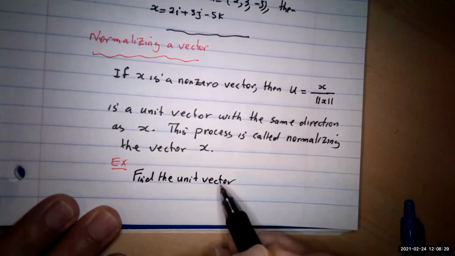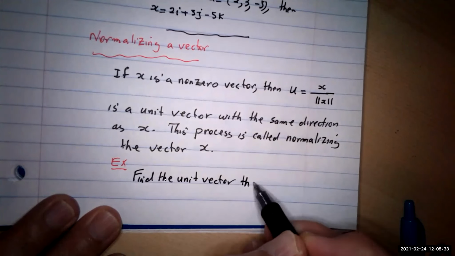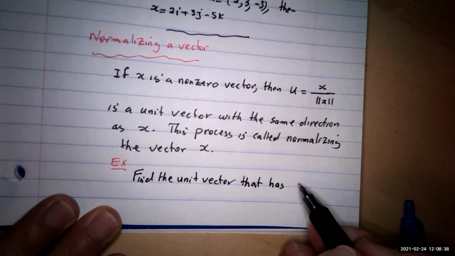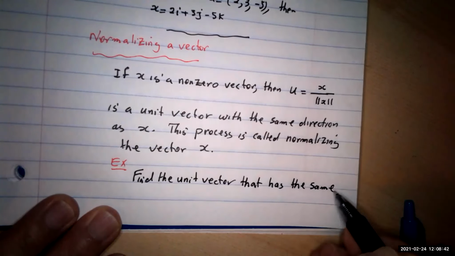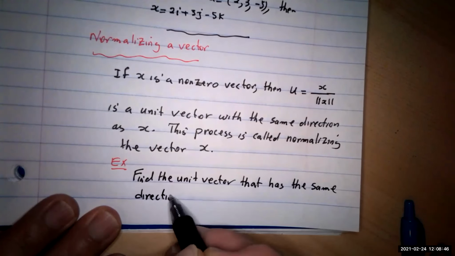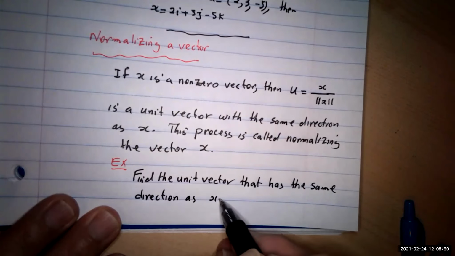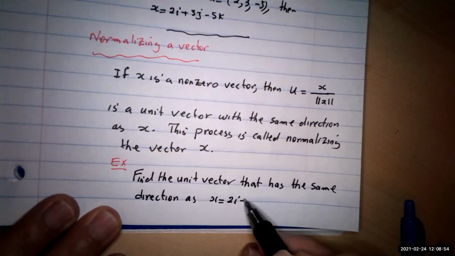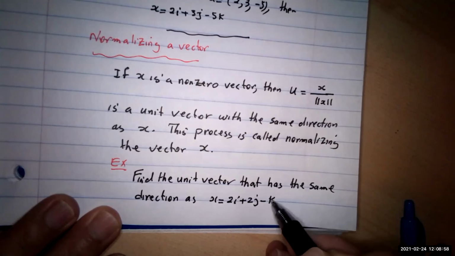Okay, find the unit vector that has the same direction as x equal to 2i plus 2j minus k.